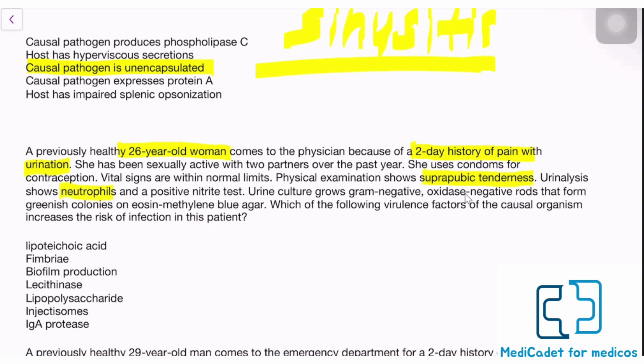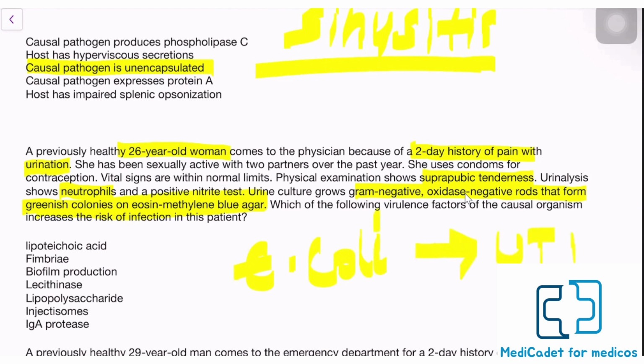Positive nitrite test, and there are gram-negative oxidase-negative rods. I forgot to mention E. coli is oxidase negative. It forms greenish colonies on EMB, green color colonies. All of these are pointing towards one thing, E. coli. So what is the E. coli causing over here? UTI.